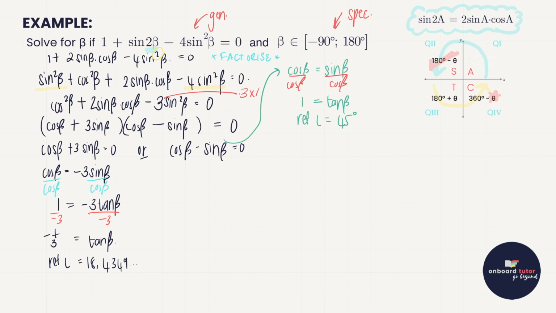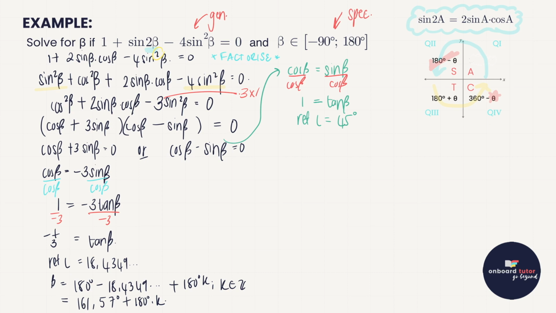Okay, so now we can say, well, then our angle, which is beta, is equal to, in the second quadrant, 180 degrees minus this reference angle plus 180k, and k is an element of the integers. Why plus 180k? Because we are dealing with a tan ratio there. Okay, so that gives us 161,57, and then let's go to our other solution here.